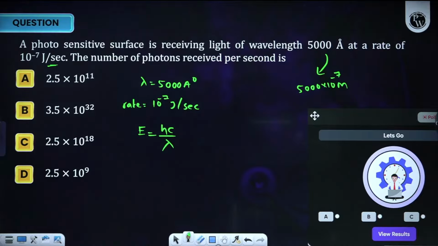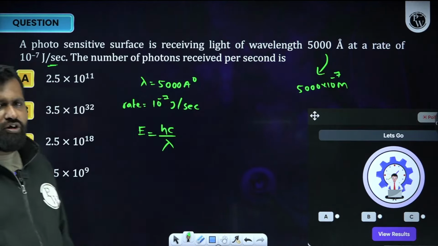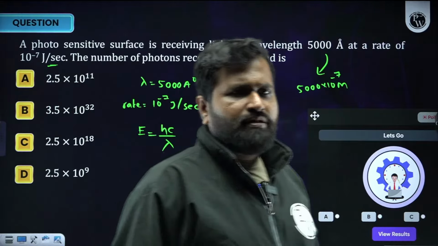And then they told at the rate of 10 to the power minus 7 joule per second. So finally, if we substitute everything, automatically we will get the answer.